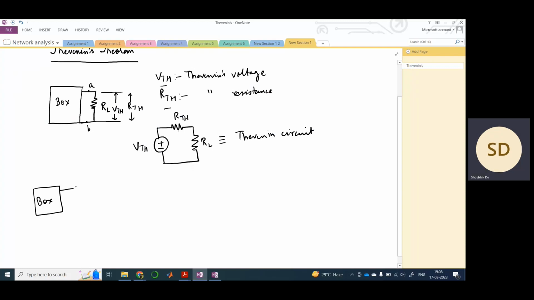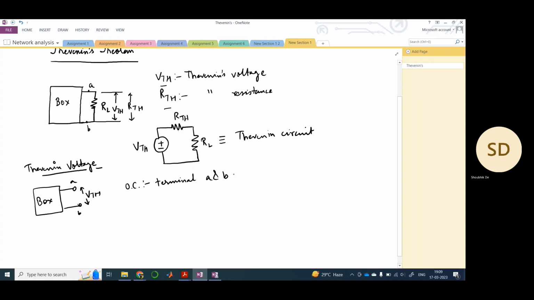First we are calculating the Thevenin voltage across terminals A and B. For that we need to open circuit RL, so open circuit terminals A and B. That means your RL will become infinite, which means that RL equals infinity when you are calculating the Thevenin voltage.